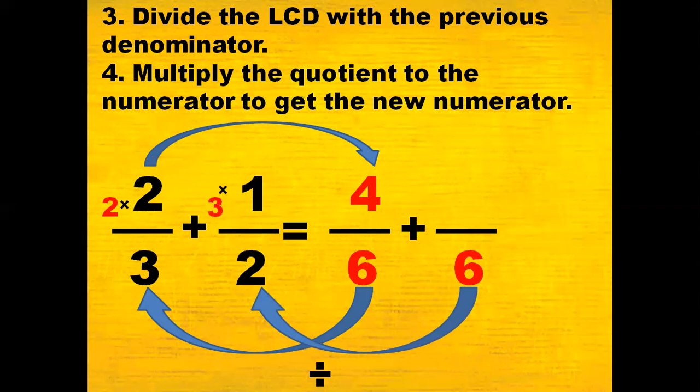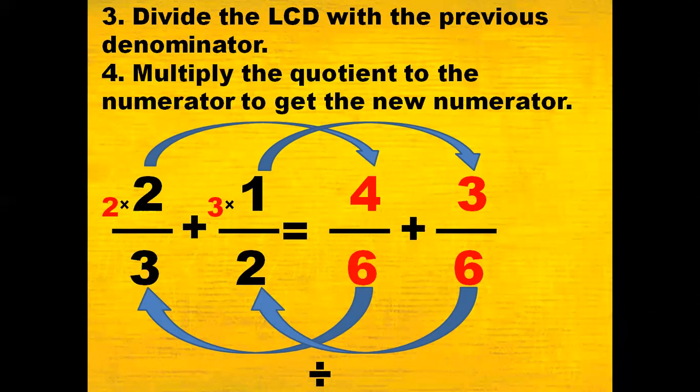And 3 times 1, we get 3. So it means that the equivalent fraction of 2/3 is 4/6, and the equivalent fraction of 1/2 is 3/6.